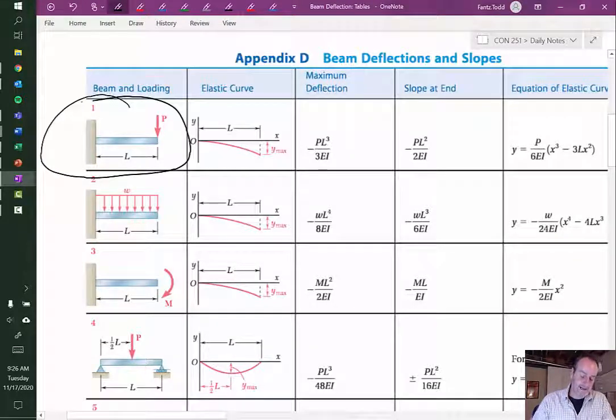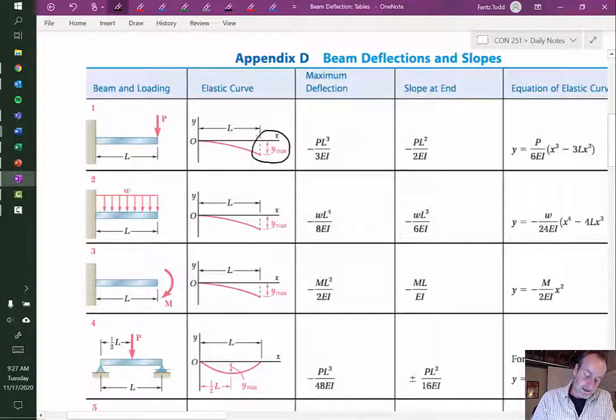This is a cantilevered beam, attached to a wall like a diving board, and I'm placing a load on the very end, and of course the deflection would look like that. This is that elastic curve I talked about, the shape of the deflected beam. I have this y max, which is my maximum deflection. In this case, it would happen at the very end of the beam.